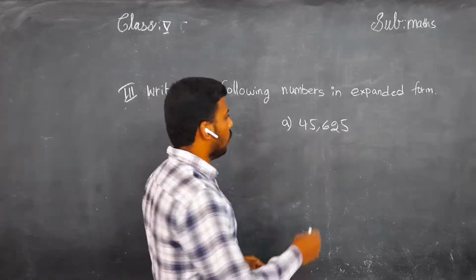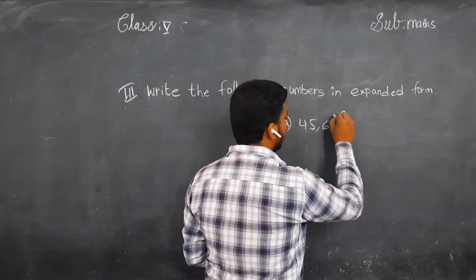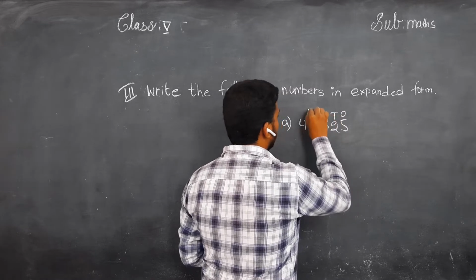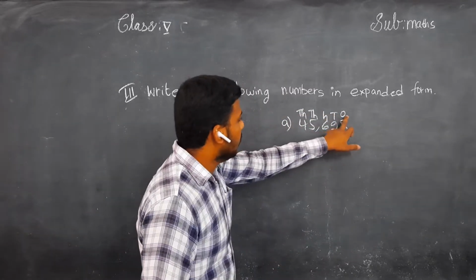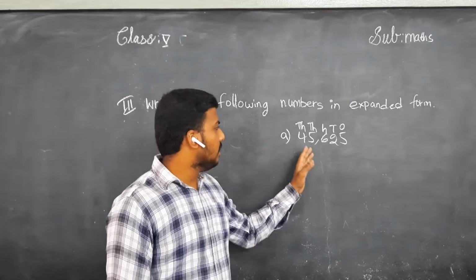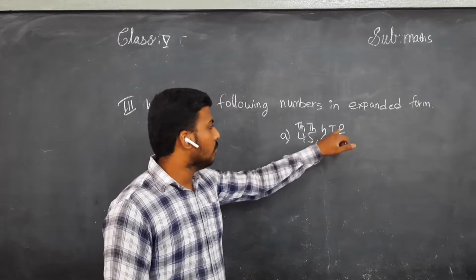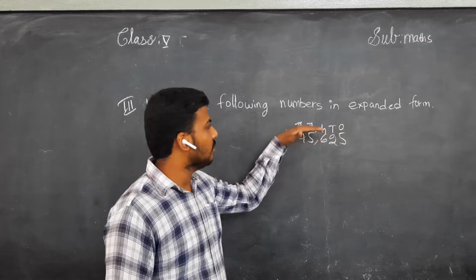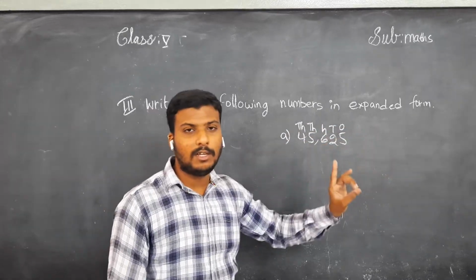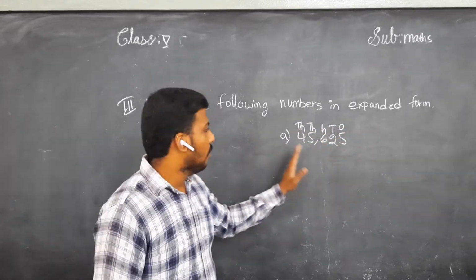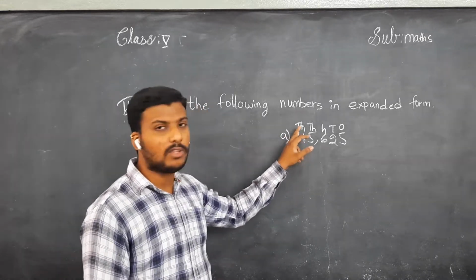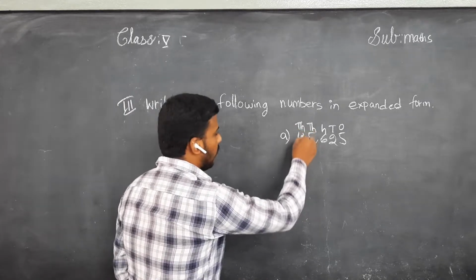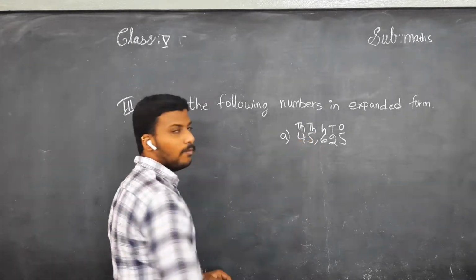Understand, children? We have to expand it with each and every value. See, the place value system: ones, tens, hundreds, thousands and 10,000s. By utilizing the procedure of place value system, we have to expand each and every value of the number. We start from the biggest digit, that is 10,000.